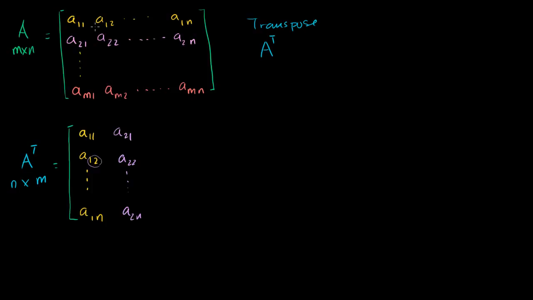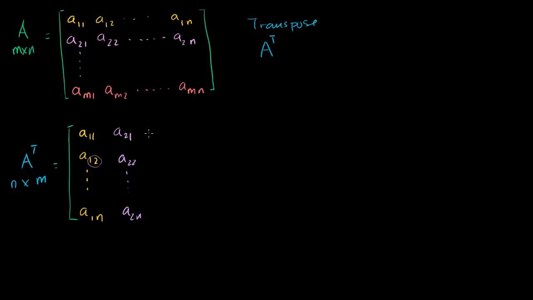You can just say whatever we had here in my first row, second column, I now have here. So when you look at this transpose, don't take these subscripts too literally. Now you can reverse your interpretation. This is now the first column, second row. This was the second row, first column. I don't want you to get too confused with these subscripts. Just keep in mind we're taking all of the rows and turning them into the columns to get the transpose.